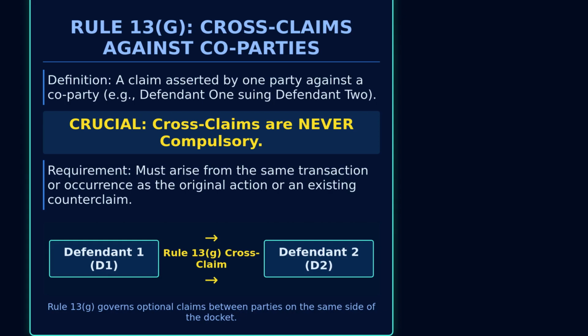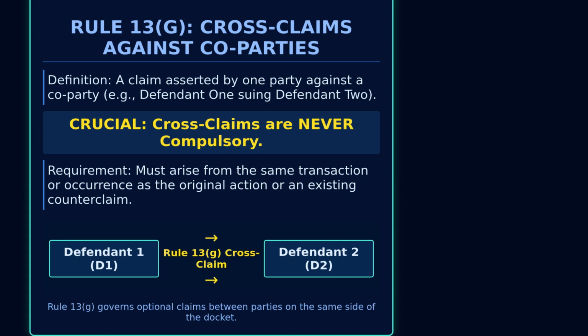Think of Defendant 1 asserting a claim directly against Defendant 2. This is not a claim against an opponent, but against someone on the same side of the v. in the case caption.